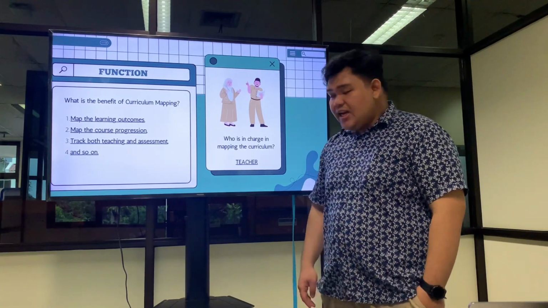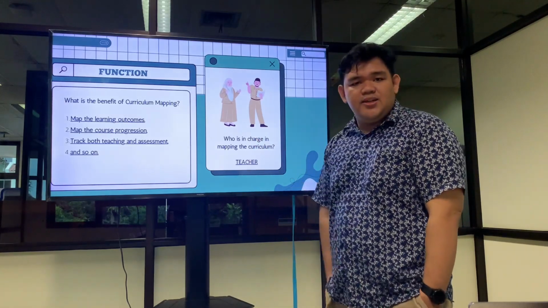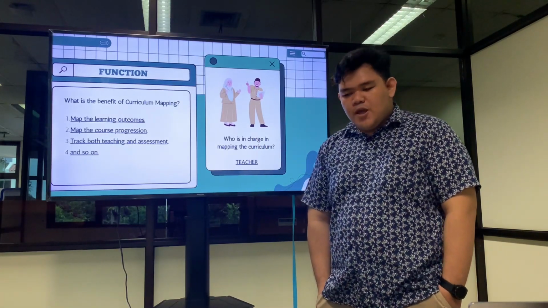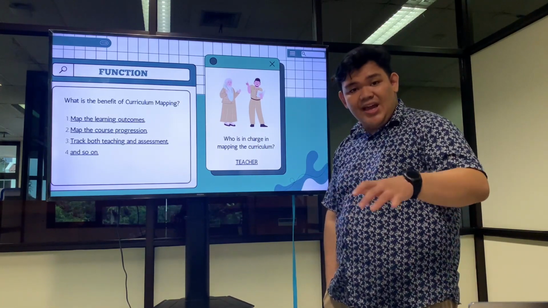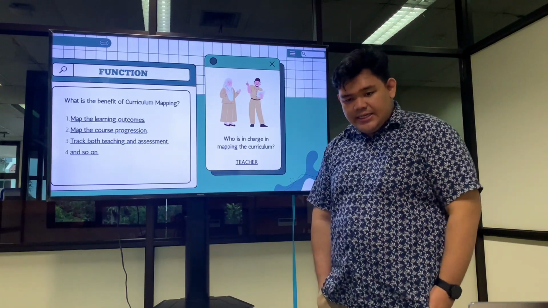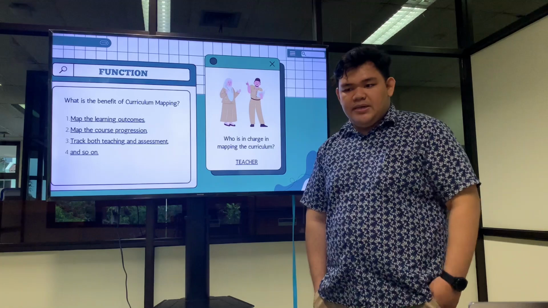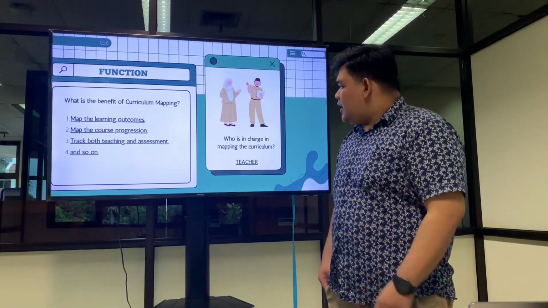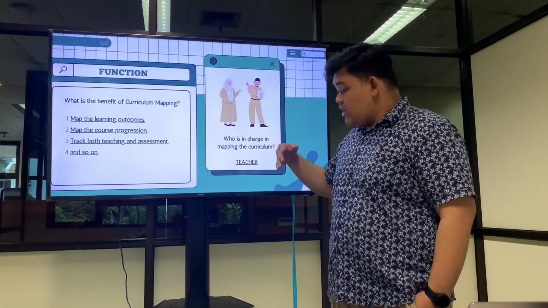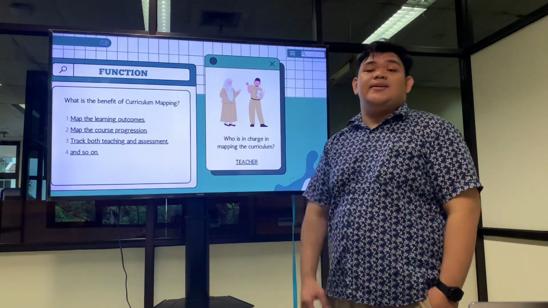And then the second one is who is in charge of mapping the curriculum. So based on the article that I read, it doesn't explicitly mention, guys, but I can conclude that the person who is in charge of mapping the curriculum is a teacher.